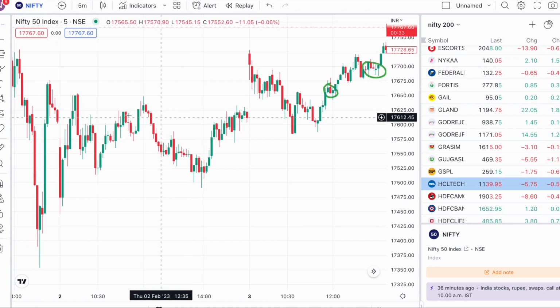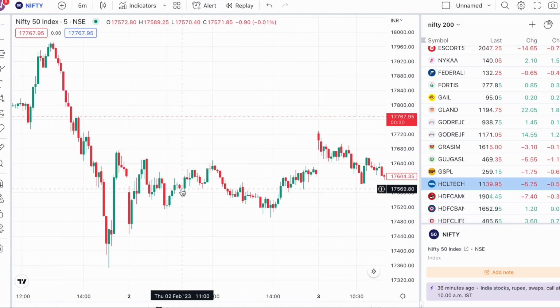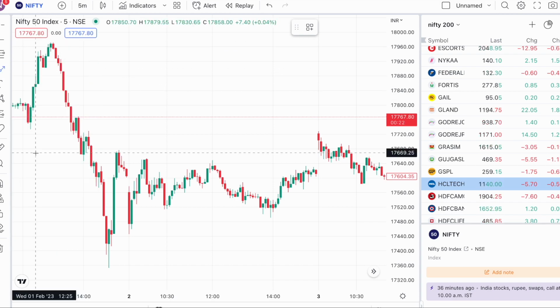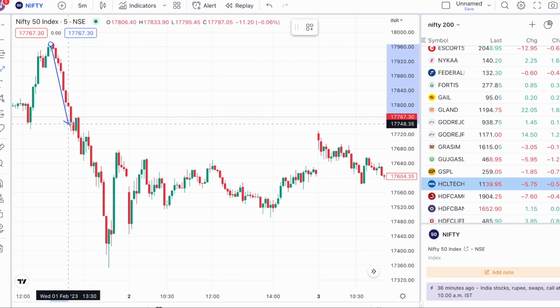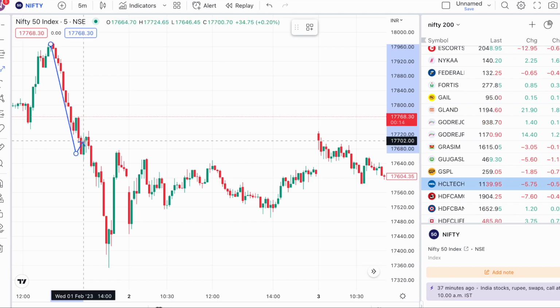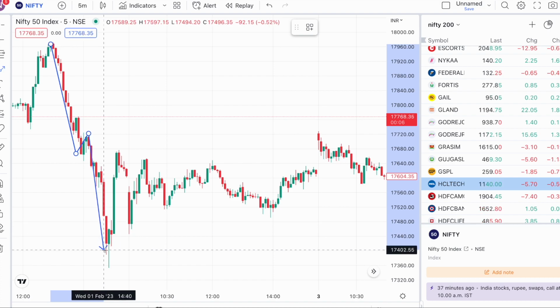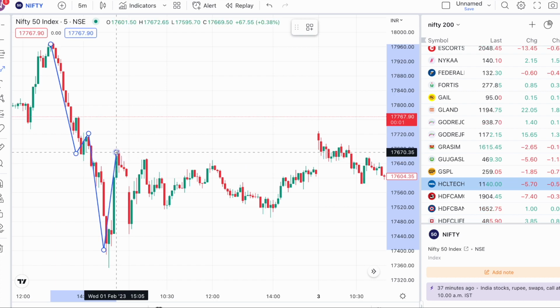Now again we'll look for a few more reactive moves. If you can see over here, this is an impulsive move, a combination of strong candles till here, but this is a reactive move. Again, this was an impulsive move, and here, if you can see, this is also an impulsive move.